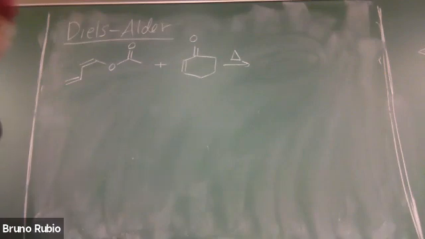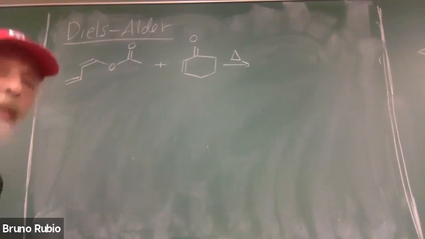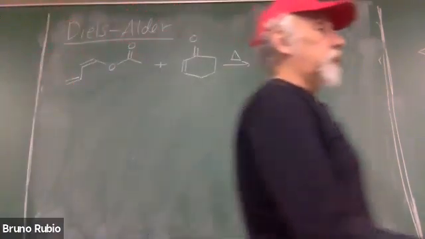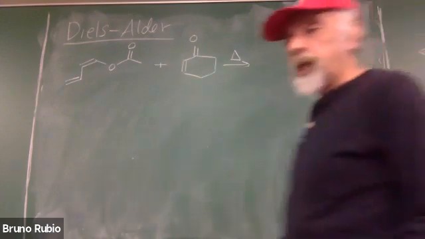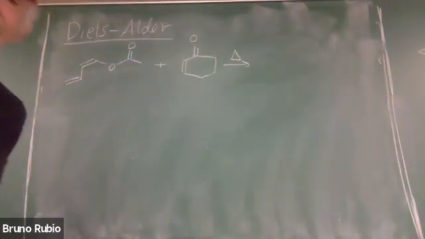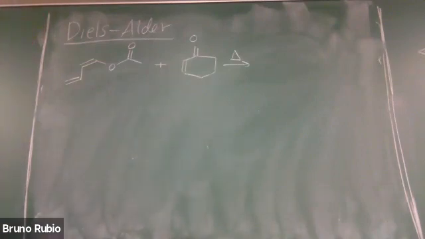Okay, so see if you can come up with the product of this Diels Alder reaction. And I would need to see dashing and wedging. Did you find the diene? Did you find the dienophile?